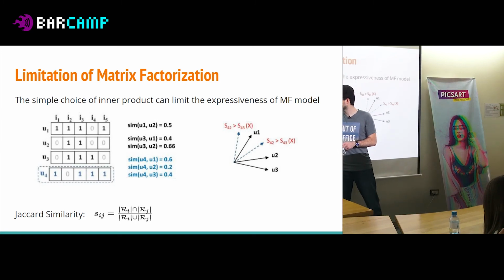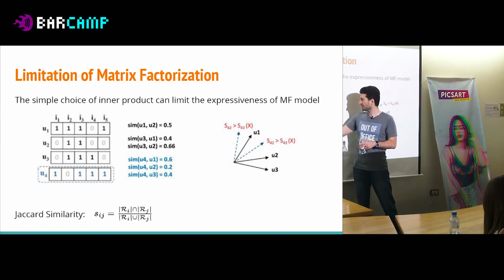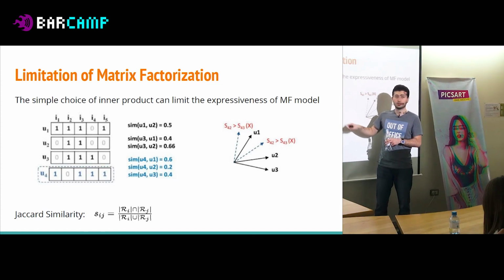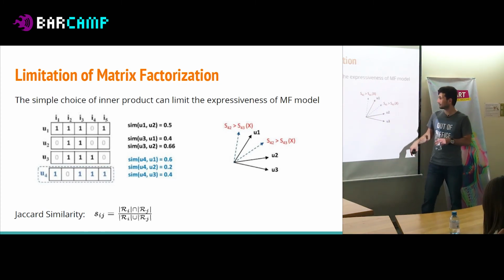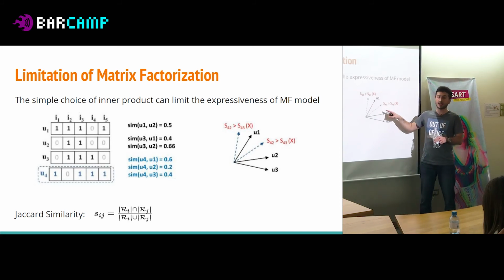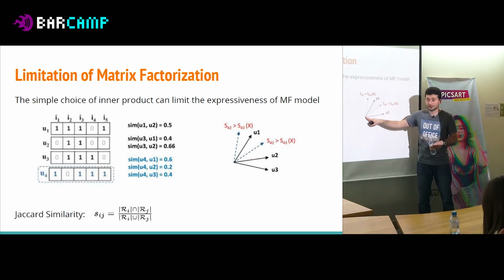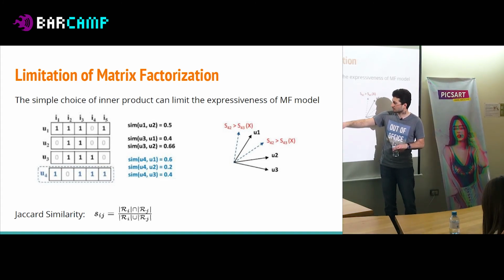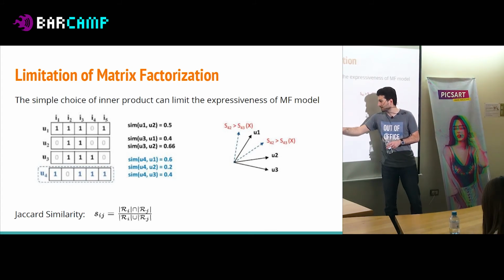And when we introduce this user and calculate the similarity with all other users, we can see that user 4 is the most similar to user 1. That is why we either have to place him here or here. There are 2 ways, right, to make sure it's close to user 1. But both these placements are going to violate the second similarity, which tells us that user 4 should be second most similar to user 3.